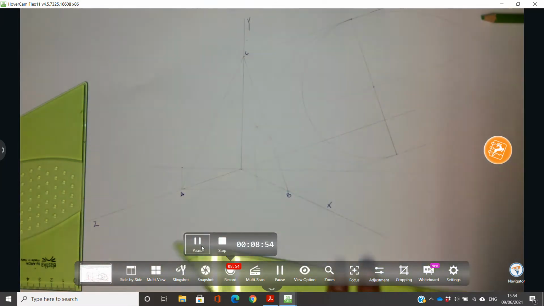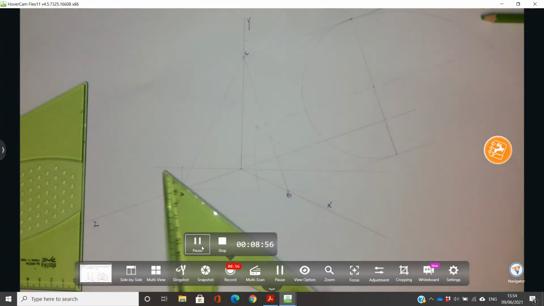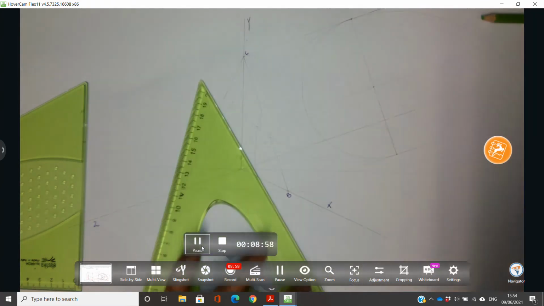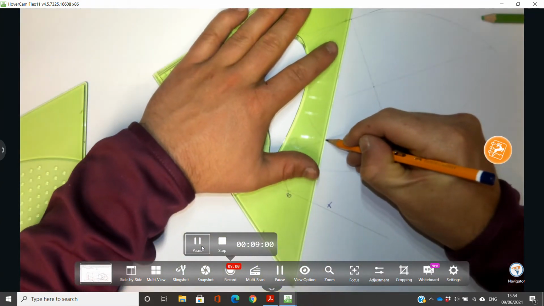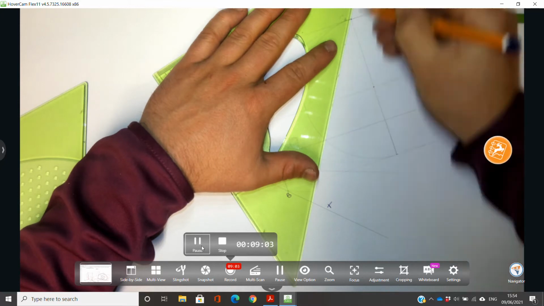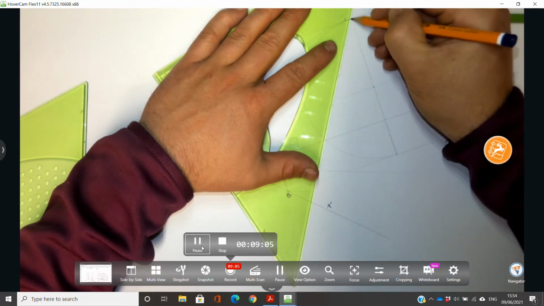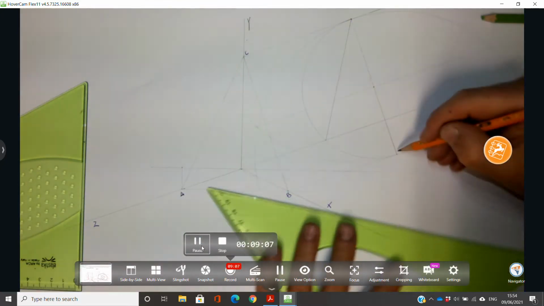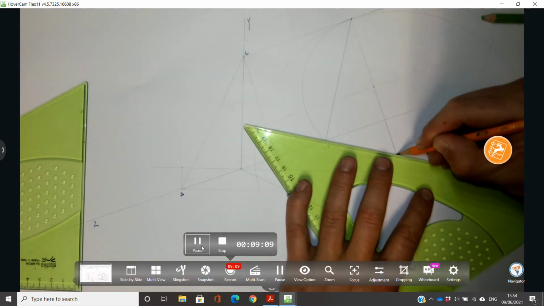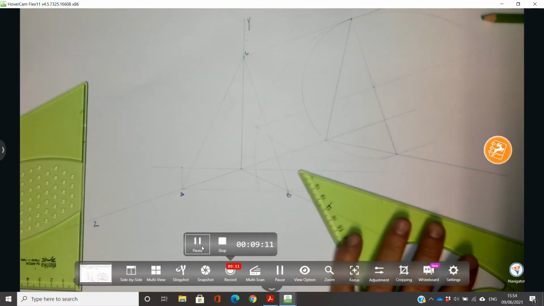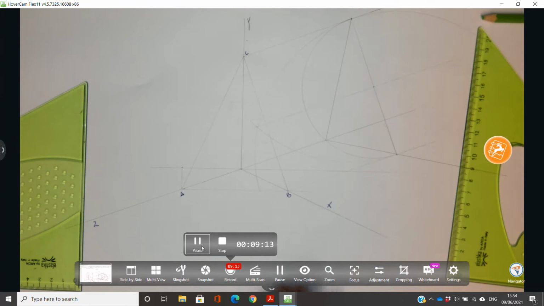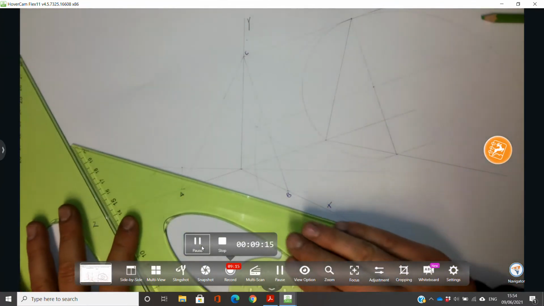Okay, there we have it. And where the z-axis pierces that semicircle is where you're going to draw in the elevation. There we go. Now I'm going to do the end view.